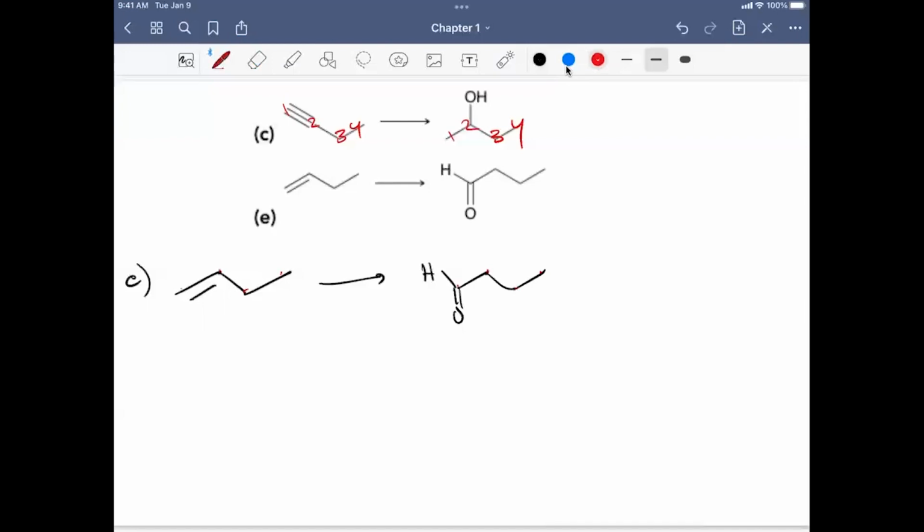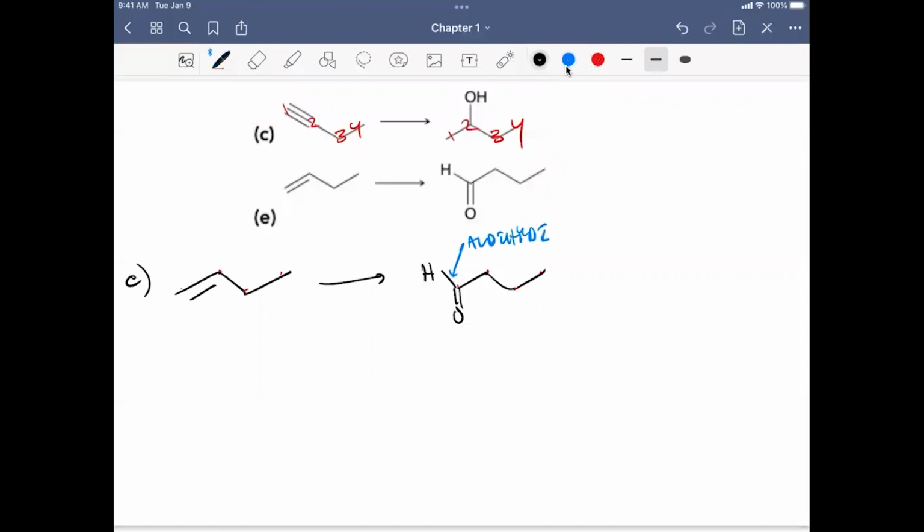One important thing to note here is that we didn't learn any reactions in our alkene chapter that can go to an aldehyde, but we did learn a reaction in our alkyne chapter, the one with the triple bonds. I'm getting tongue twisted here. We do know how to go from a triple bond to an aldehyde.